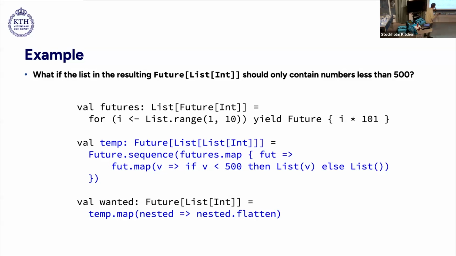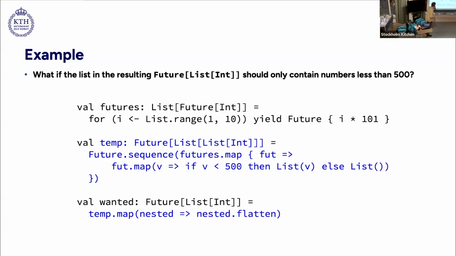This is pretty convenient and is reminiscent of using flatMap if you want to do map plus a filter. With sequential collections, you could use flatMap in a similar way, except here we need to first transform each future, and then use sequence.